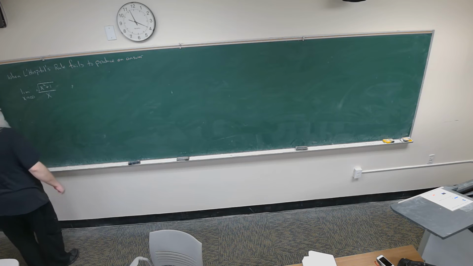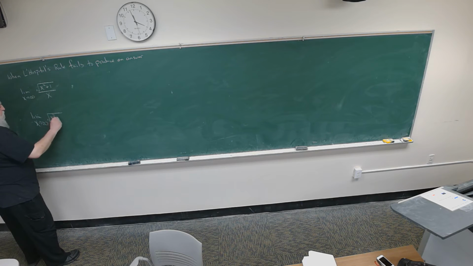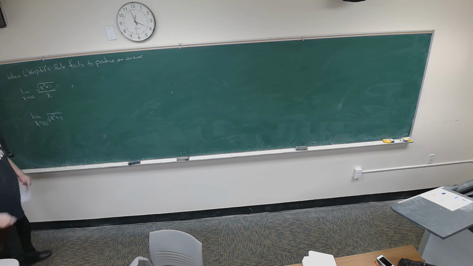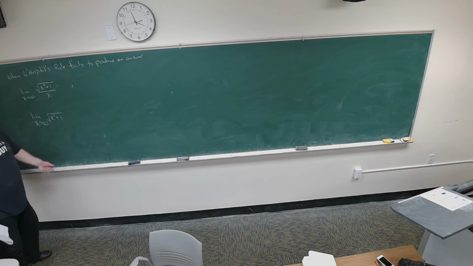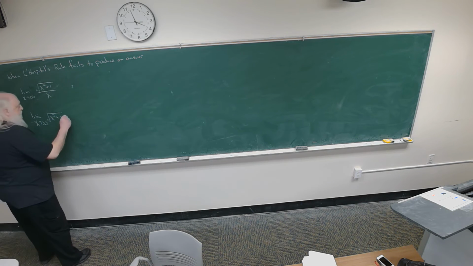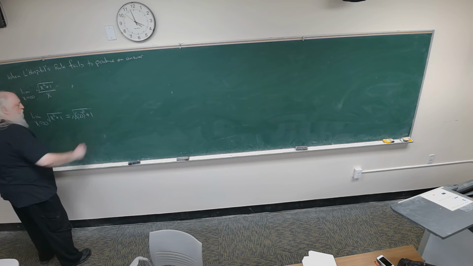Well, in the numerator, as x increases without bound, from my graphs earlier, we know x squared increases without bound. So x squared plus 1 increases without bound, and so the square root of that increases without bound. If I put infinity in for x, I have infinity squared plus 1.